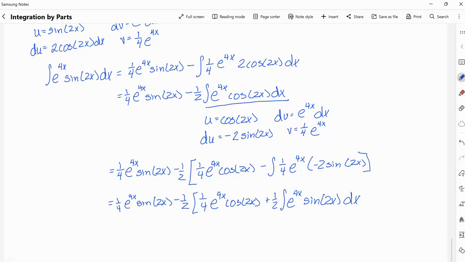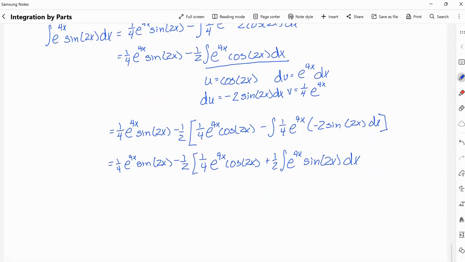I forgot my dx here. I'm going to go back and correct that to write complete mathematical sentences. And I forgot the dx up here with the du. All right, now keep in mind, all that's multiplied by that negative 1/2 here.